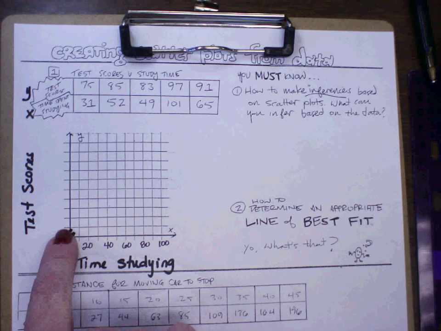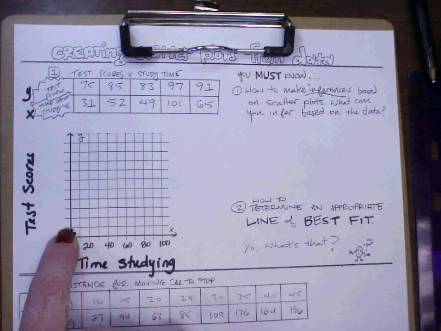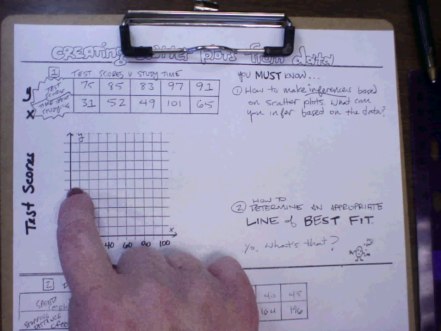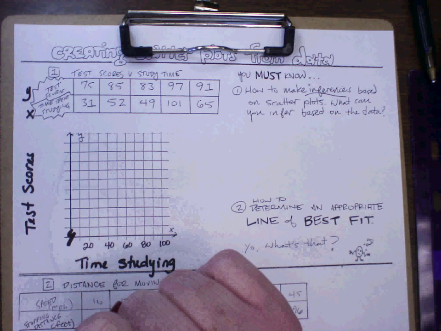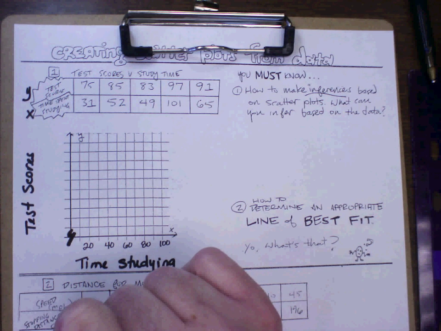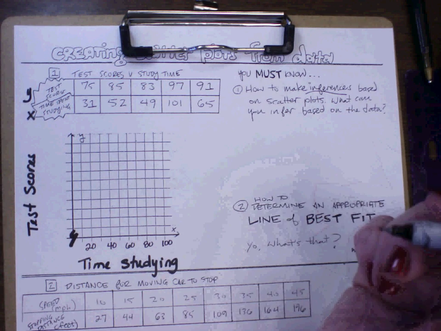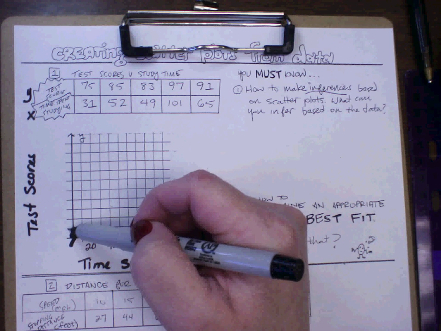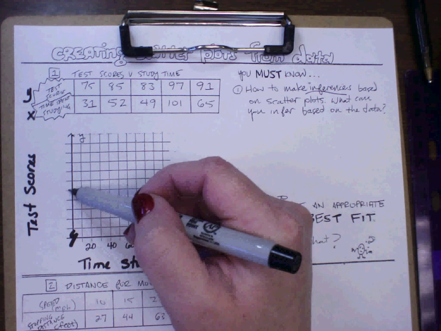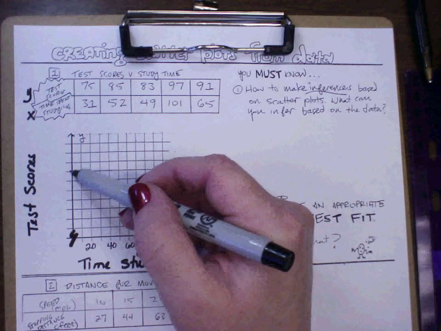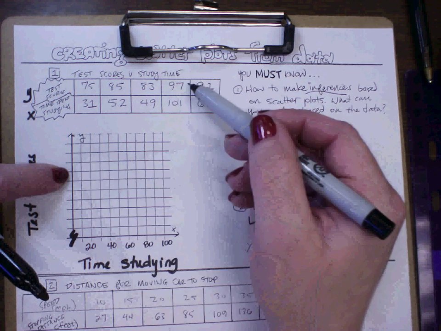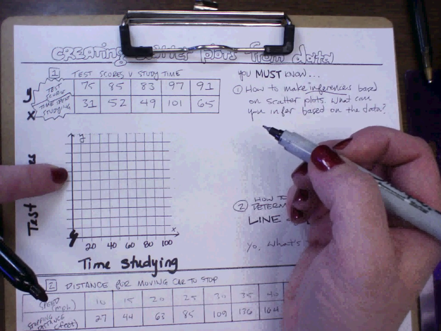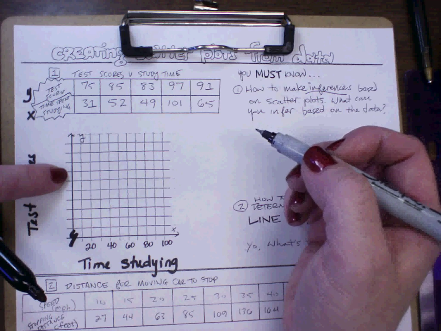So let me see. If I have to go all the way to 97, and I can start at 75, right? And then can I do that as 85, 90? No, that doesn't cover most of the graph. Can we stop talking, please? So if I do 70 over here, 75, 80, 85, 90, 95, and then 100, I only use the graph over here, and I really need to make sure that I use as much graph as I can.